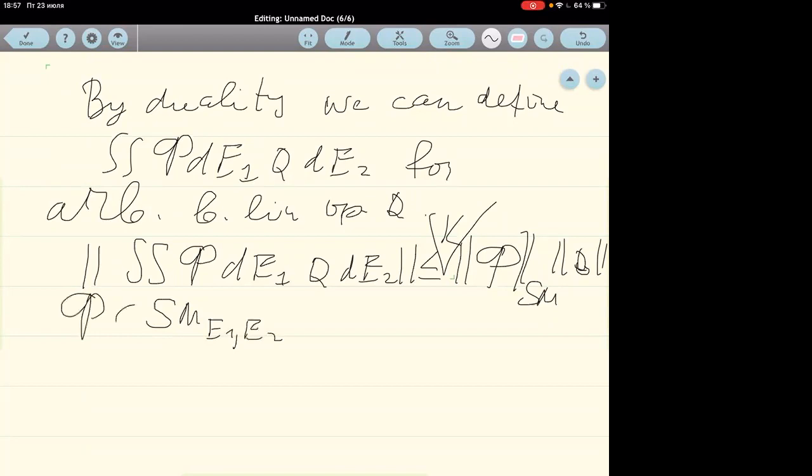If phi is a Schur multiplier, then we can define double operator integrals for all bounded linear operators.